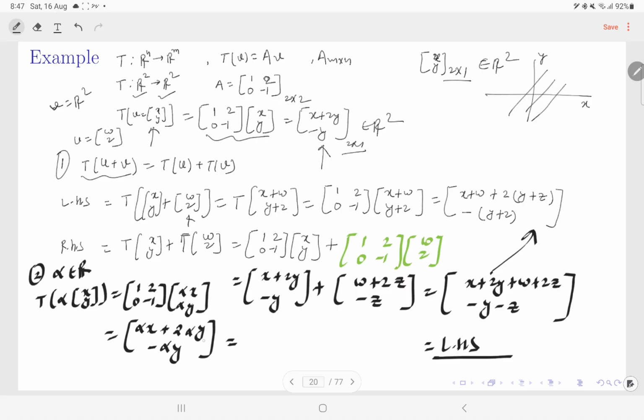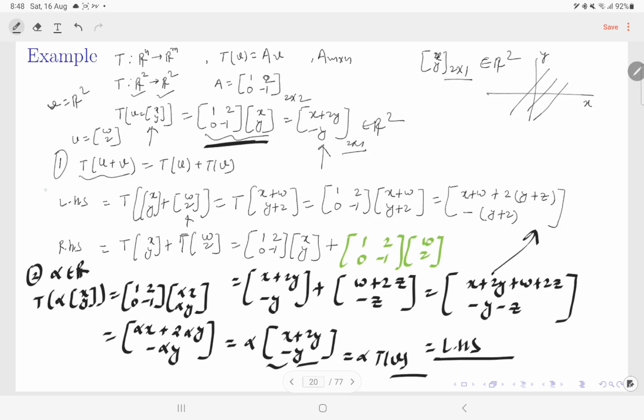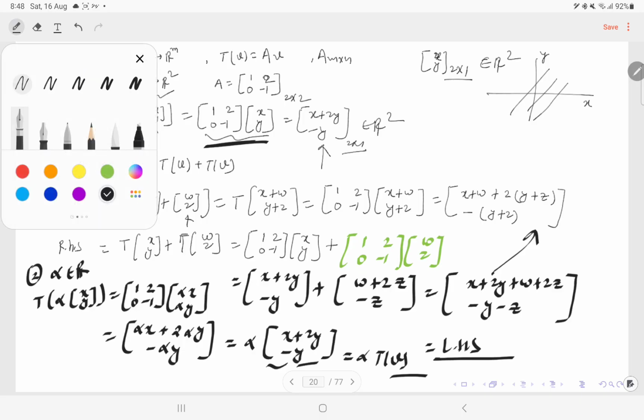If you take alpha common outside, this will be alpha times (x plus 2y, and minus y), which is nothing but alpha times T(v), or T(x, y), from the definition. Hence the second property is also satisfied. So each and every time you want to show whether a transformation function is linear or not, you need to show these two properties. I have already shown the steps. Okay, let's move forward.